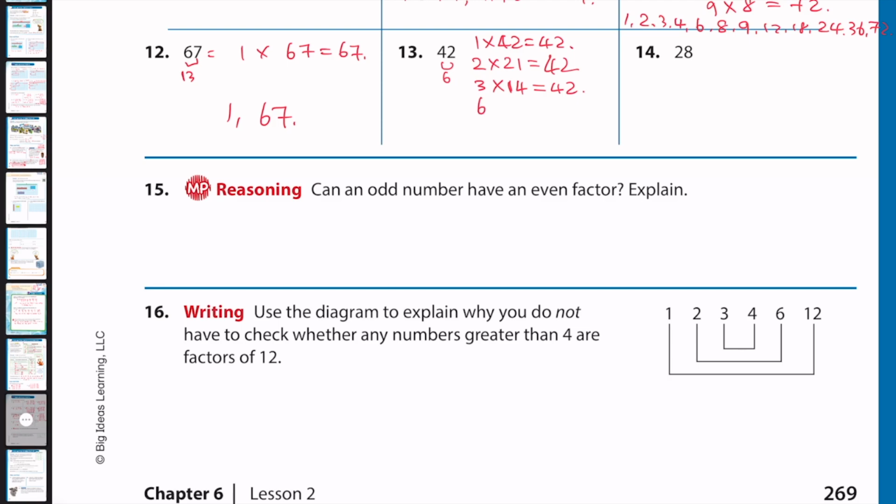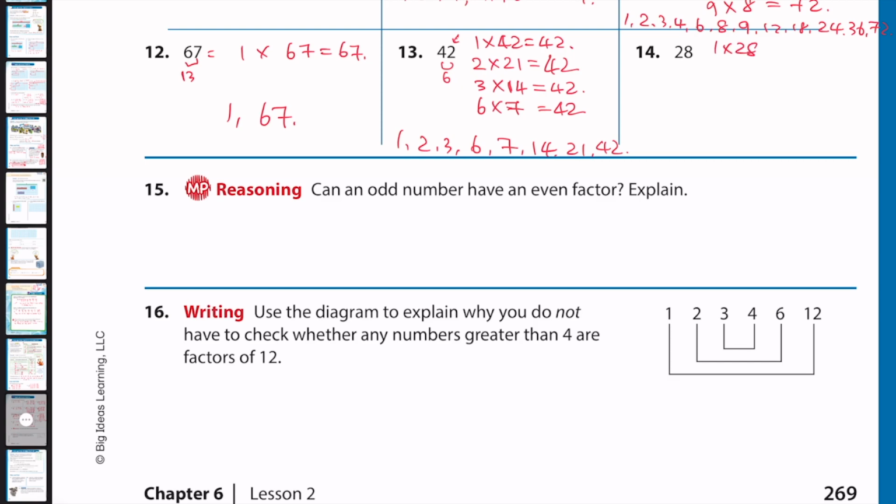And then 6, divisibility rule, right? Divisible by 3, and this is an even number. So 6 times 7 is 42. Okay, that's it. So 1, 2, 3, 6, 7, 14, 21, and 42.